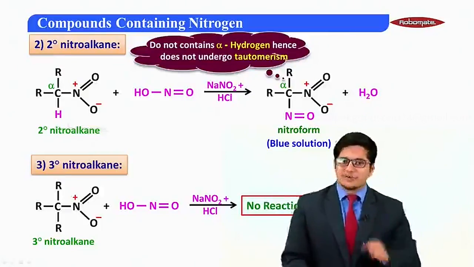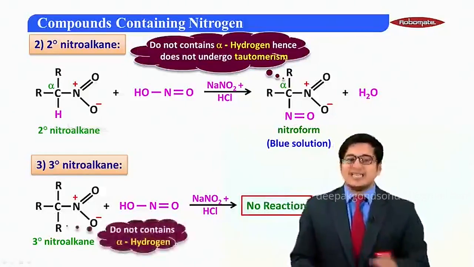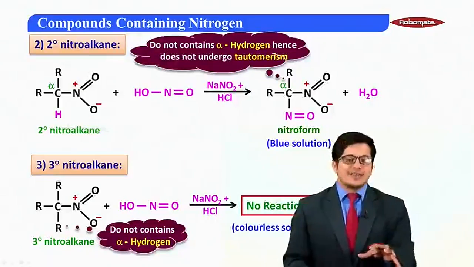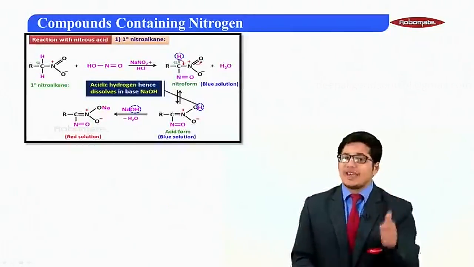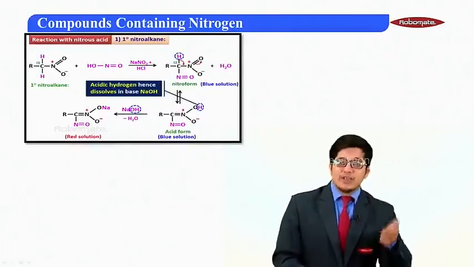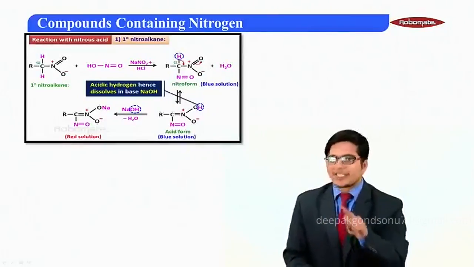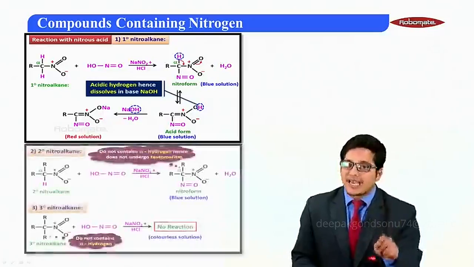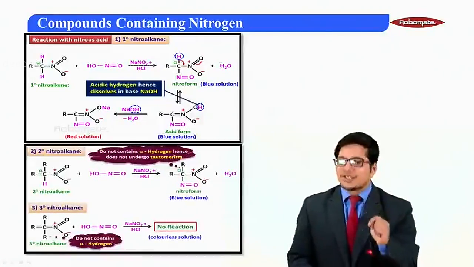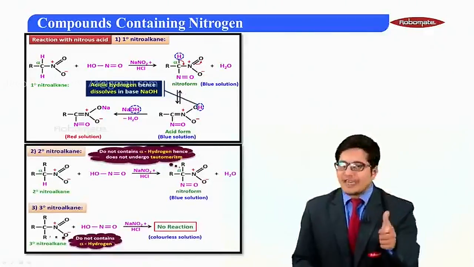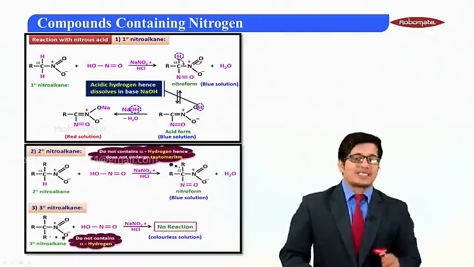So now students, if we understand the entire concept, let's see what happens. We said primary nitroalkane reacts, gives a blue solution, which on treatment with NaOH gives a red solution. We said secondary reacts, gives only a blue solution, and tertiary no reaction, so the solution remains colorless.